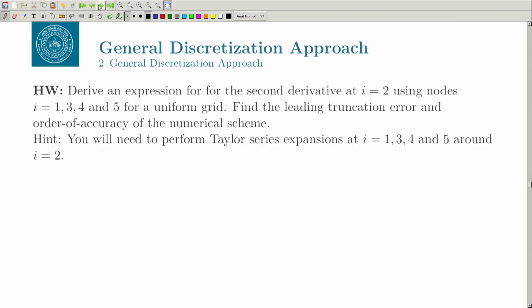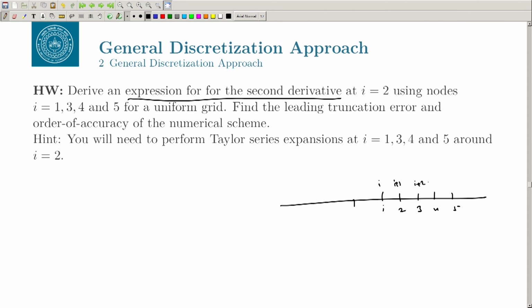Similarly, there is one more homework I want to give you, please go back and work this out. Here we want to derive an expression for the second derivative at I equal to 2. So here this is I equal to 1, 2, 3, 4, 5 and so on, or you can write I plus 1, I plus 2, I plus 3 and I plus 4.